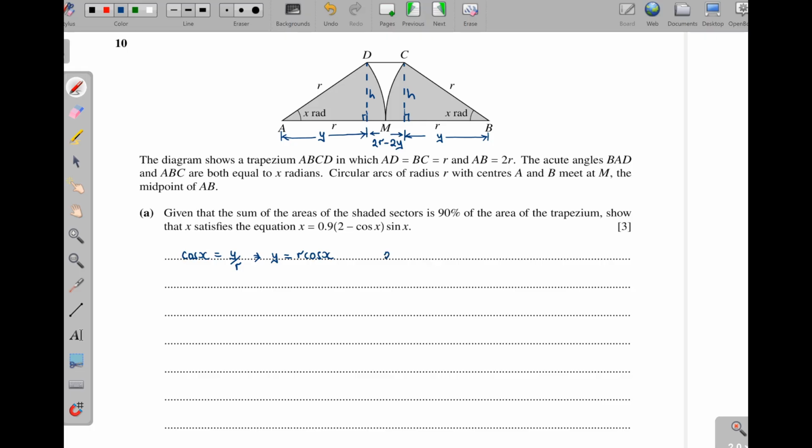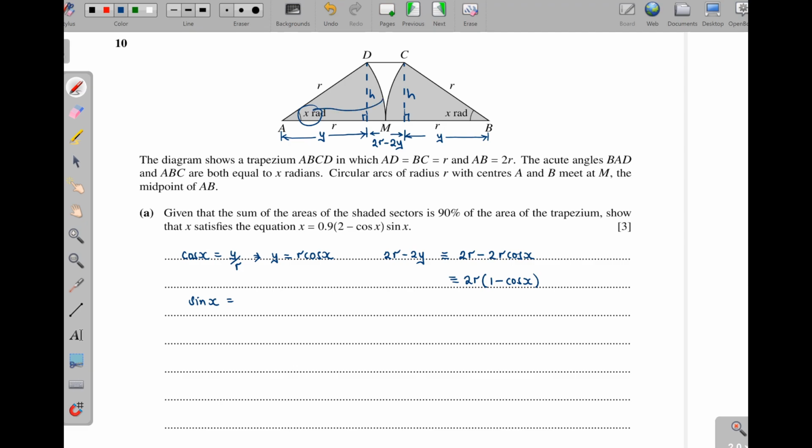Then if we have 2r minus 2y, this one will therefore be equal to 2r minus our 2y. So this will be 2, then y is r cosine of x. So if I can factorize out the 2r, then this one will be 1 minus cosine of x. Okay, I keep that.